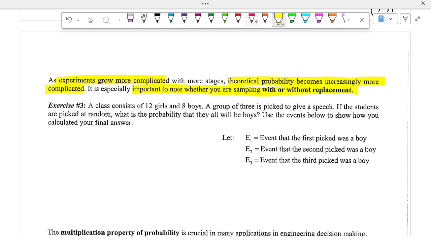Everything that we've done so far has been with replacement, or at the very least, there wasn't anything to replace. So remember, that doesn't always happen.